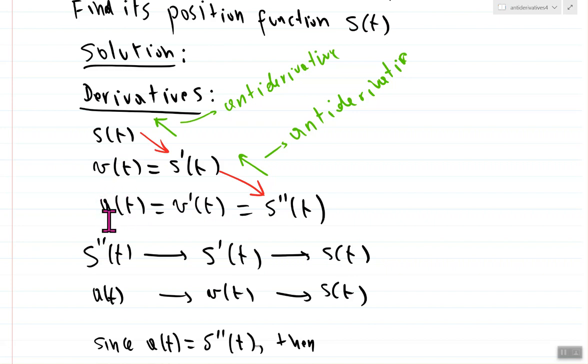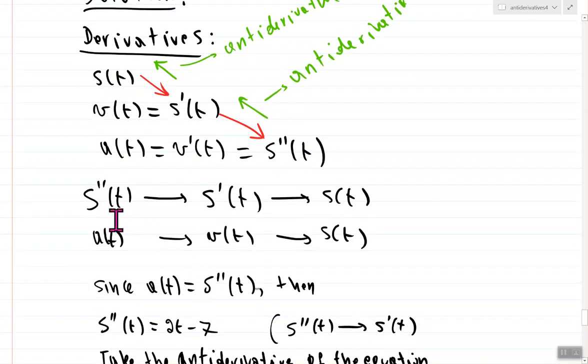If you are given the acceleration function, you take its antiderivative, it's going to give you the velocity function. If you take the antiderivative of the velocity function, you get back the position function. So these are the steps summarized here. If you are given the second derivative of the function s of t, when you take its antiderivative, you get the first derivative. When you take the antiderivative of s prime of t, you get s of t.